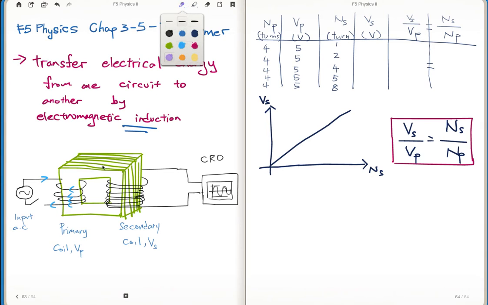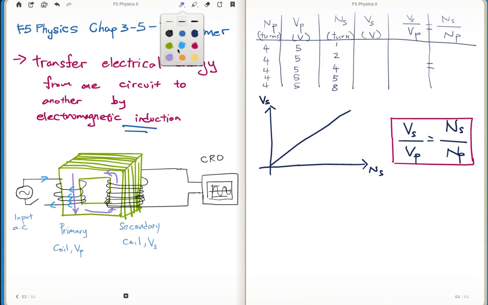The magnetic field, the north, is downwards, from your right hand grip rule, right? First half cycle. Then this is a soft iron core. So what happened? Magnetic field will be concentrated and then flow through the secondary coil. The first half cycle, yeah, we're talking about.